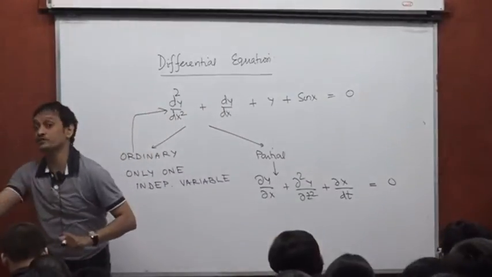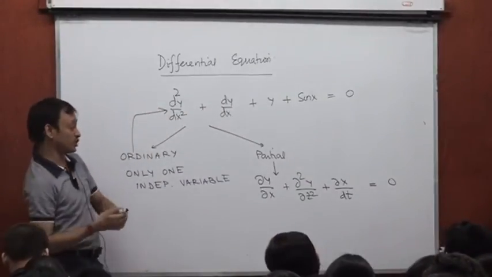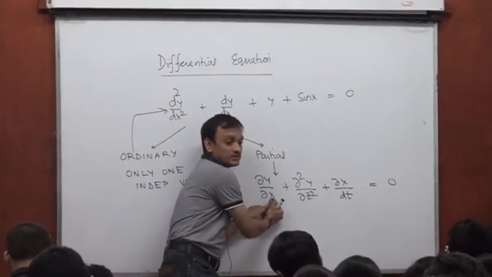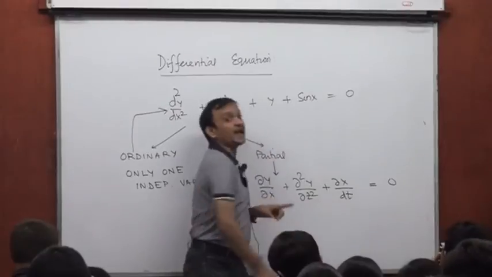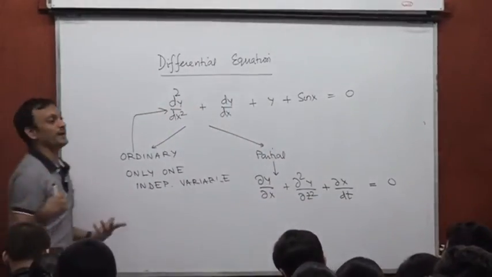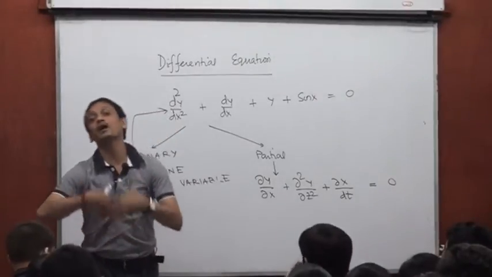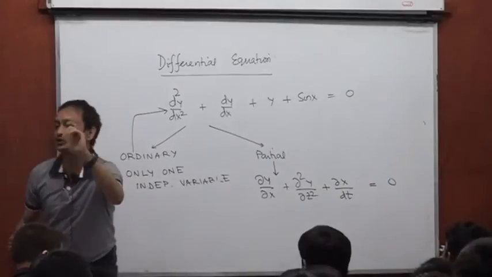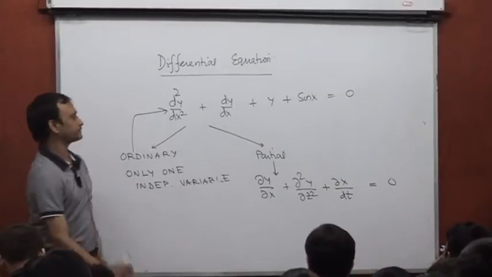This is a partial differential equation, in which there are three independent variables, x, z and t. Two or more independent variables will constitute a partial differential equation. One independent variable will constitute an ordinary differential equation. All right.